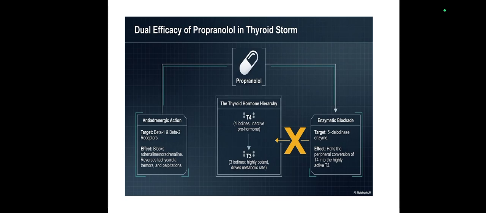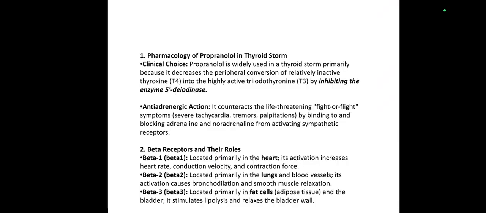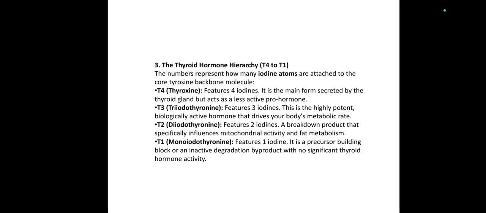The number in that name tells you how many iodine atoms are attached. T4 has 4 iodines. It's the main form secreted but acts as a less active prohormone. T3 has 3 iodines, the highly active potent driver of metabolic rate.